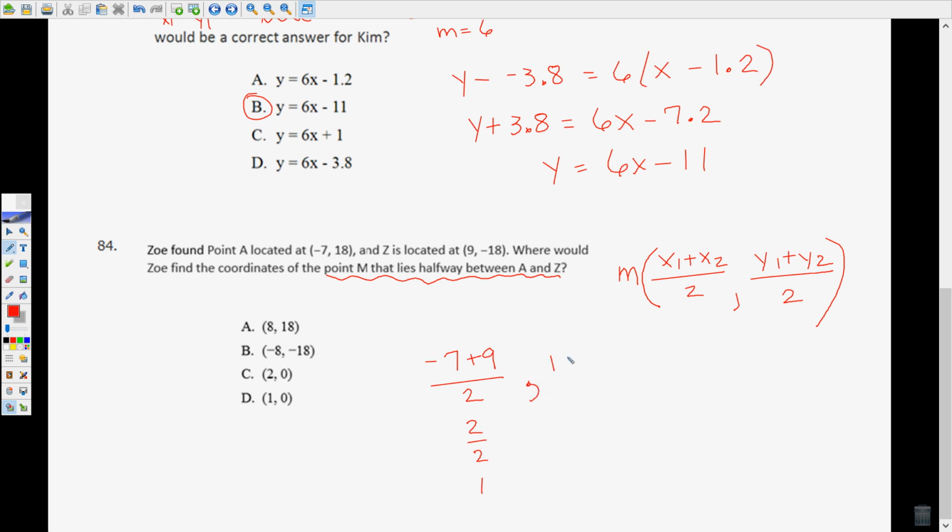And 18 minus 18 over 2. I get 0 over 2, which is 0. So my midpoint is 1, 0.